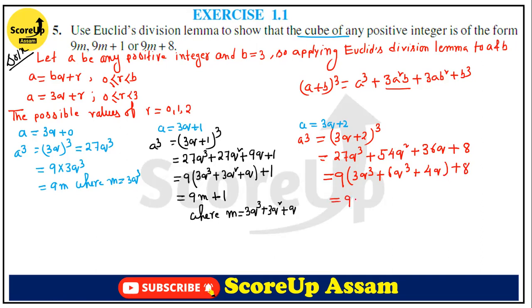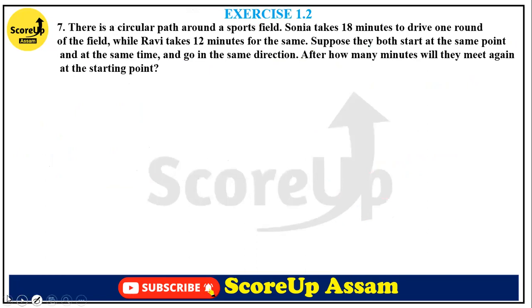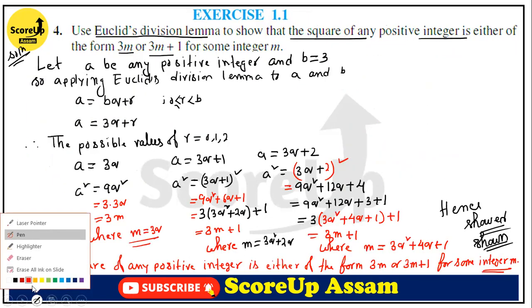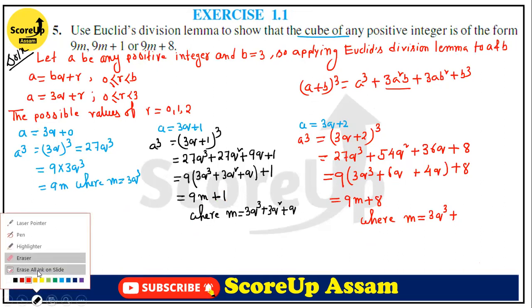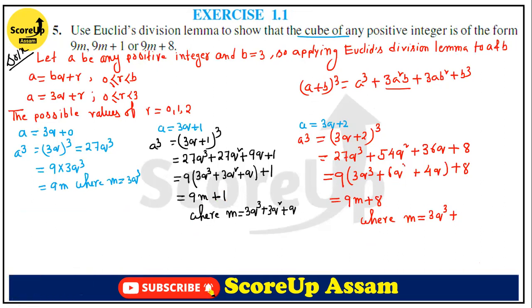So this is equal to 9m plus 8. Now where m is equal to 3q cube plus 6q square plus 4q. Right. Now we can say that all these are in this form.